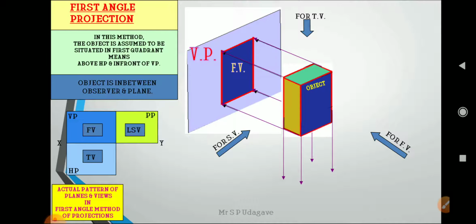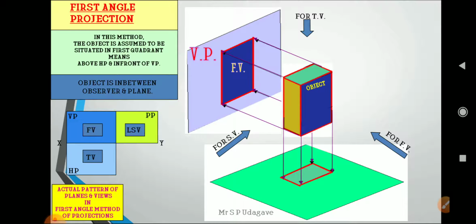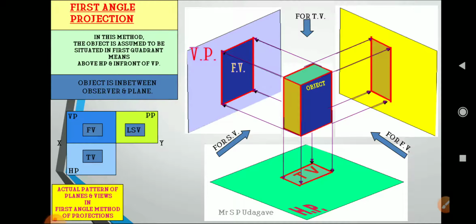Next we take the top view projection, the green pattern, a rectangle shown on the horizontal plane. In a similar way we take the side view, the left hand side view, which comes on the profile plane on the right hand side, and we draw the side view.